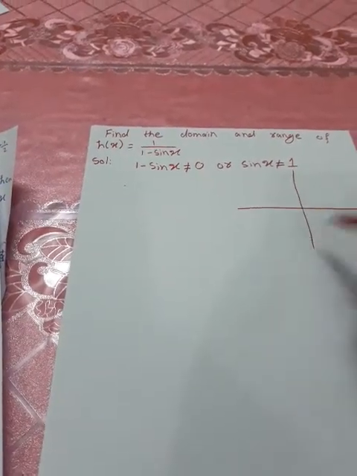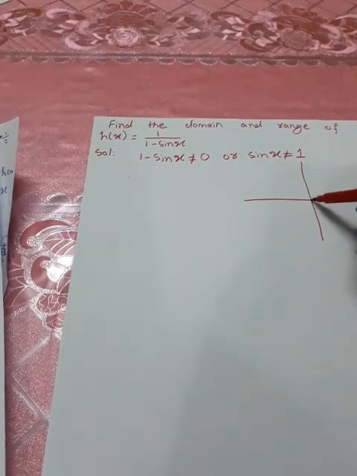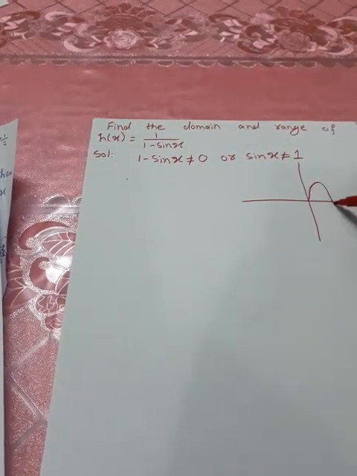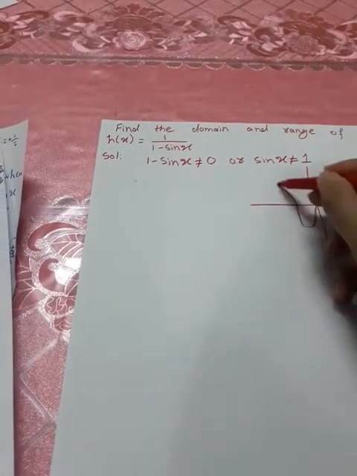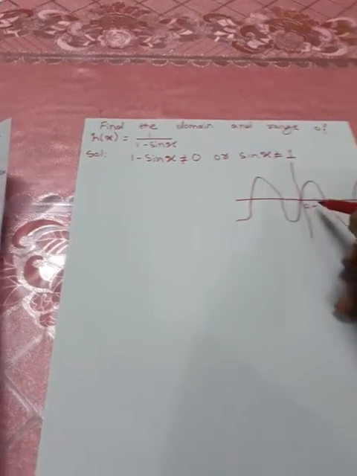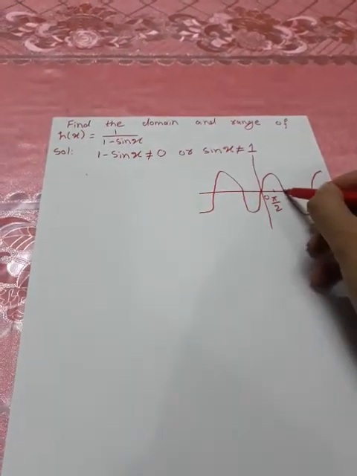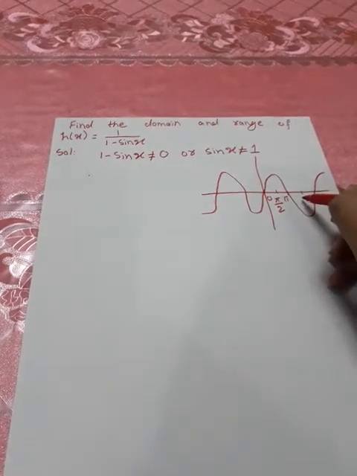Let us see the sin x function. The graph of sin x function is this. Here x is 0. Here is pi by 2. Here is pi.